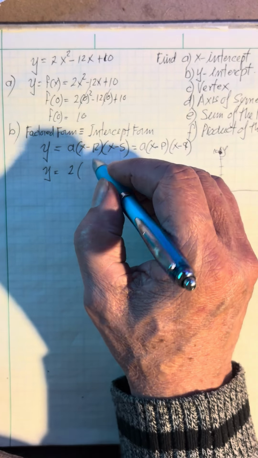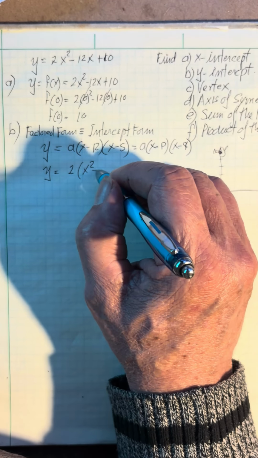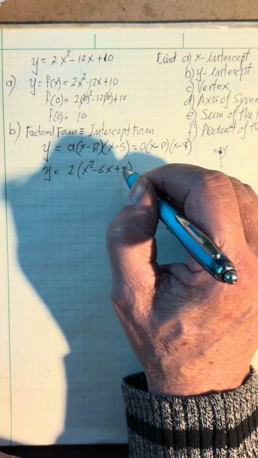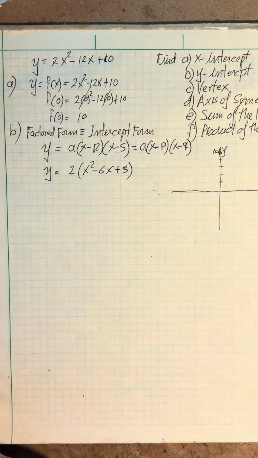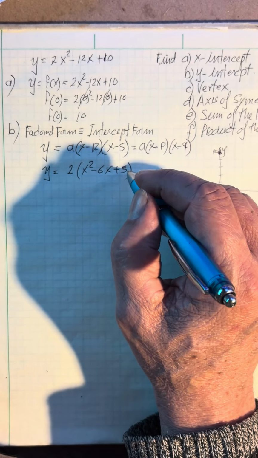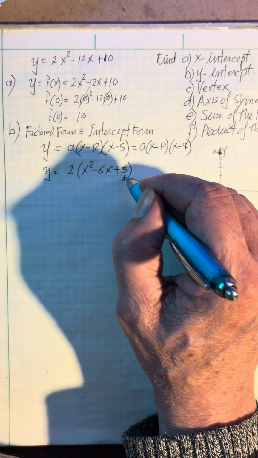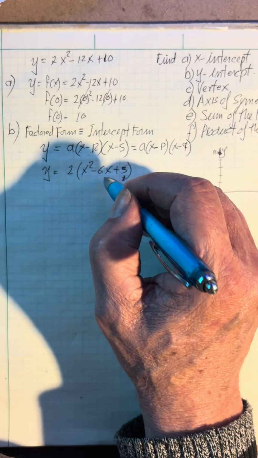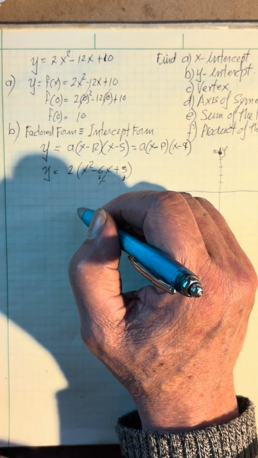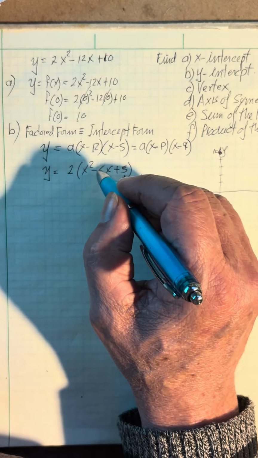So we can take the 2 out. And then we have to find two numbers that multiply to give us 5, and added give us -6.